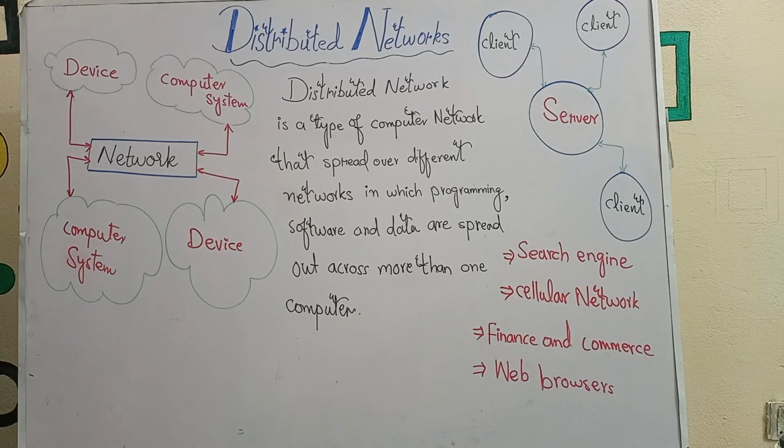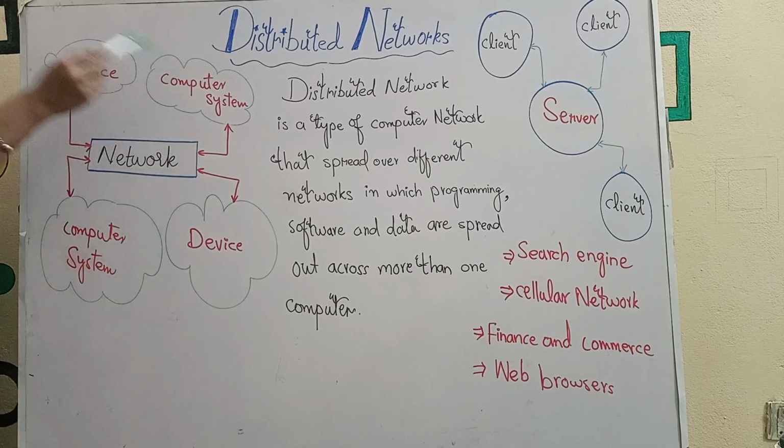To understand it in simpler terms, here is a figure. Here you can see devices or computer systems that are linked together, making a network. That means these are a set of devices that are interconnected to form a network. Through a network, you can share information, share resources, and a lot of other things.